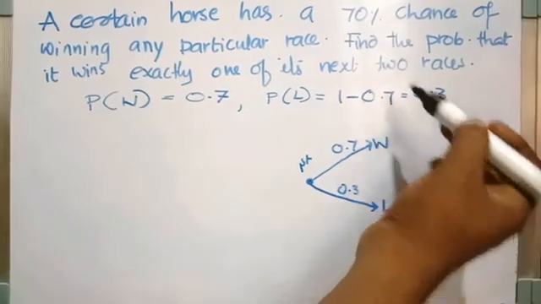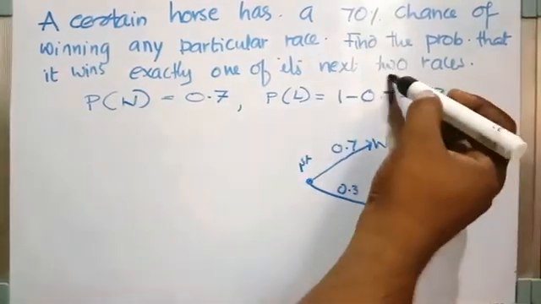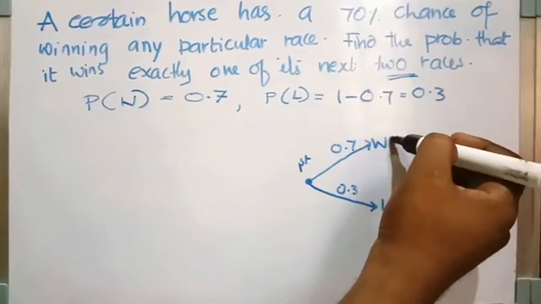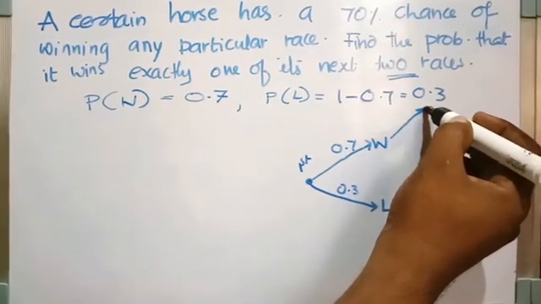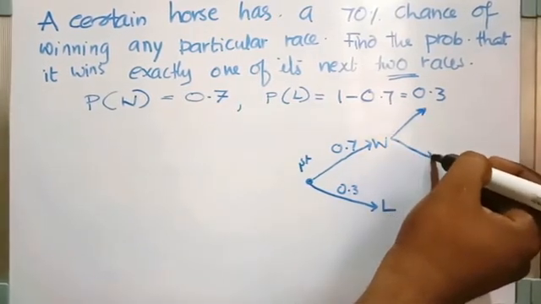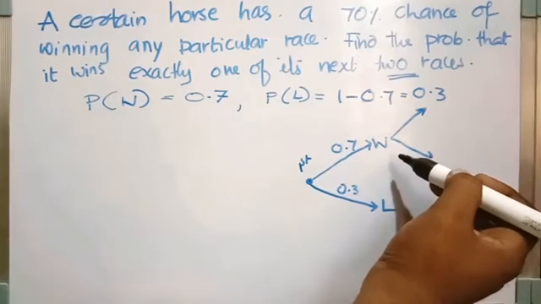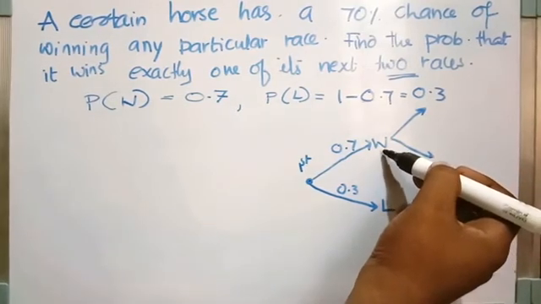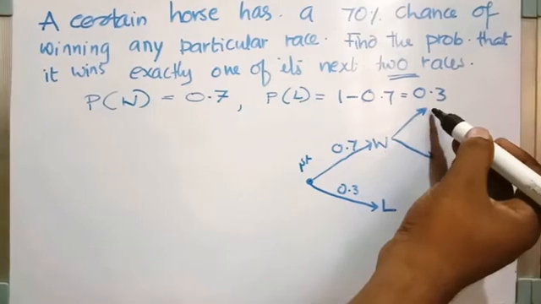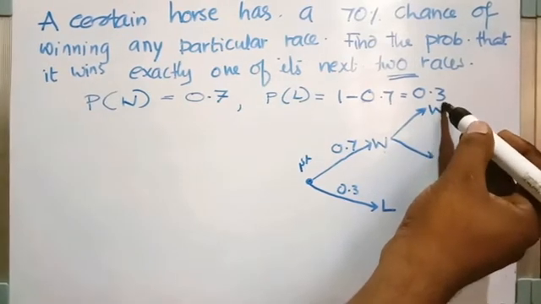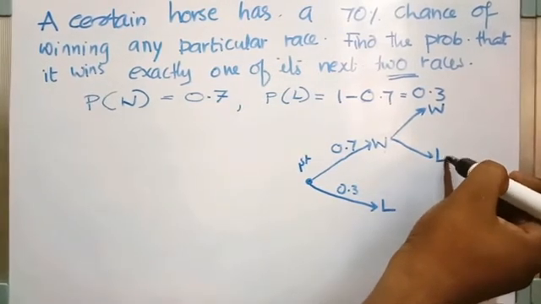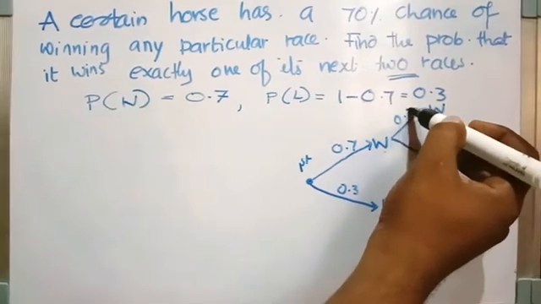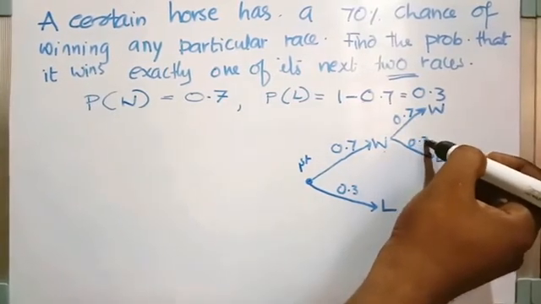And when it goes for the second race, because we have to take care of 2 races, if the horse wins the first race and goes to the second one, there is a chance of either win or lose with probability 0.7, 0.3.